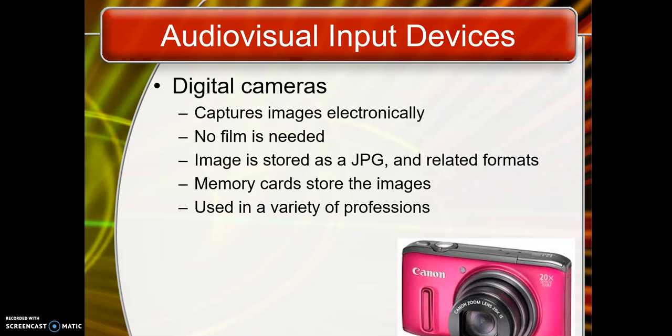The next audiovisual input device is the digital camera. All of us are very familiar with this device, and the phenomenon is the same. The image is captured electronically and stored as a digital image in the form of 0s and 1s.